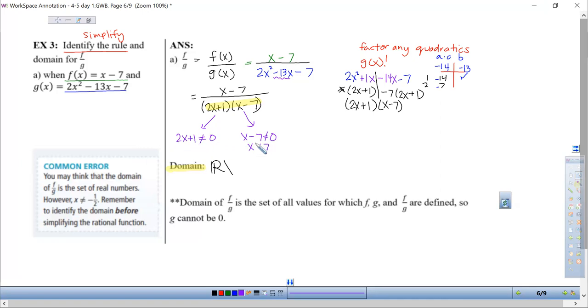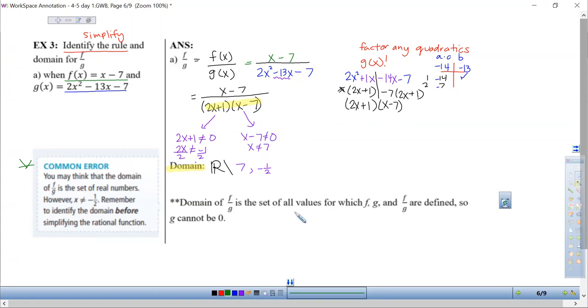If I think about this in that same way, I just changed the sign here. So that tells me not x anymore, but 2x can't be negative 1. And if I divide those by 2, that means x cannot also be negative 1/2. Okay, so this little common error note here is explaining what we just did and why we did it in this step.